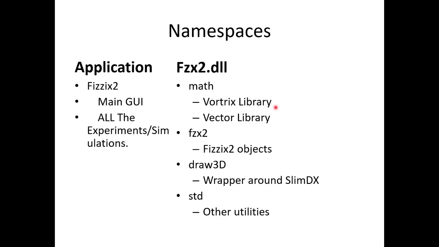Also, if I find that there are errors in Vortex or in Fizzix2, I can release an updated DLL without you having to merge changes into a full application that has all these things linked. That's the main reason I'm keeping it separate as a DLL, so that I can maintain the core. And you'll still be able to see and run everything that's in here. It's going to be basically version controlled.